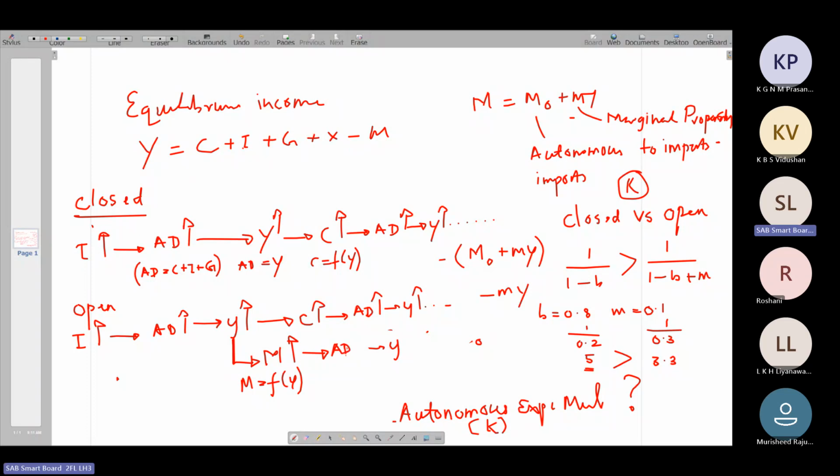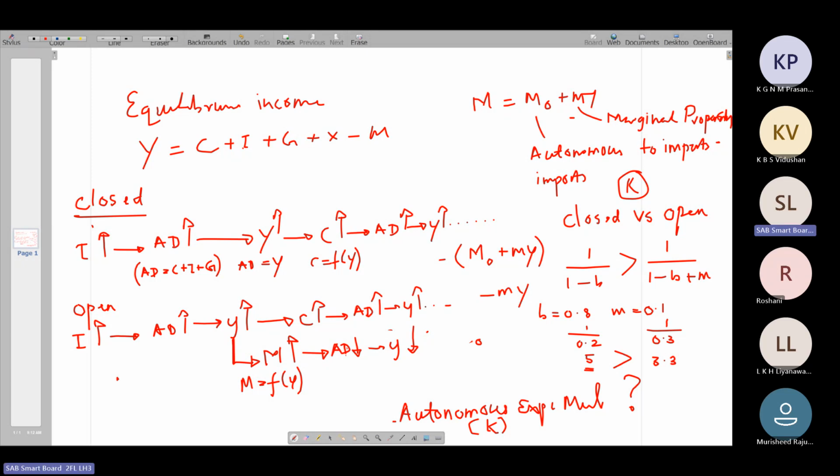Aggregate demand reduces, income reduces, because it is a part of aggregate demand. Higher imports have a negative impact on income. So here we see the positive impact, but in the opposite way a negative impact is also generated through the import function.